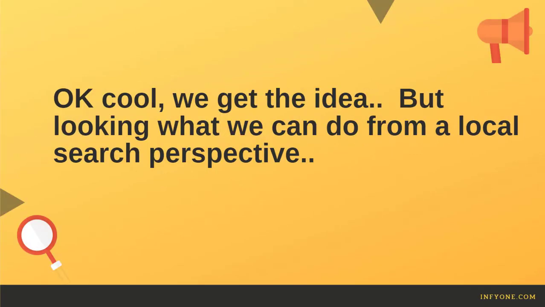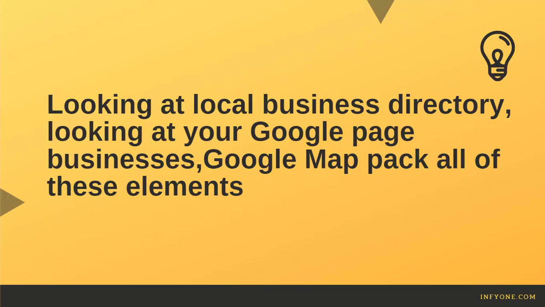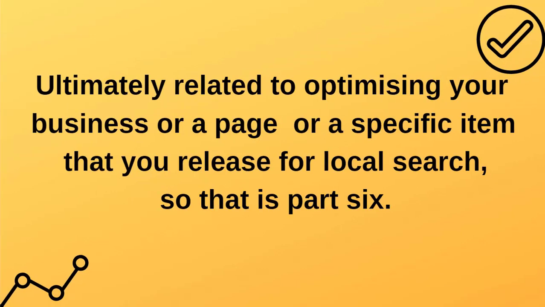Okay, cool, we get the idea. We look at what we can do from a local search perspective: local business directories, your Google business pages, the Google Map Pack, all of these elements related to optimizing your business, a page, or a specific item that you release for local search. So that is part 6.